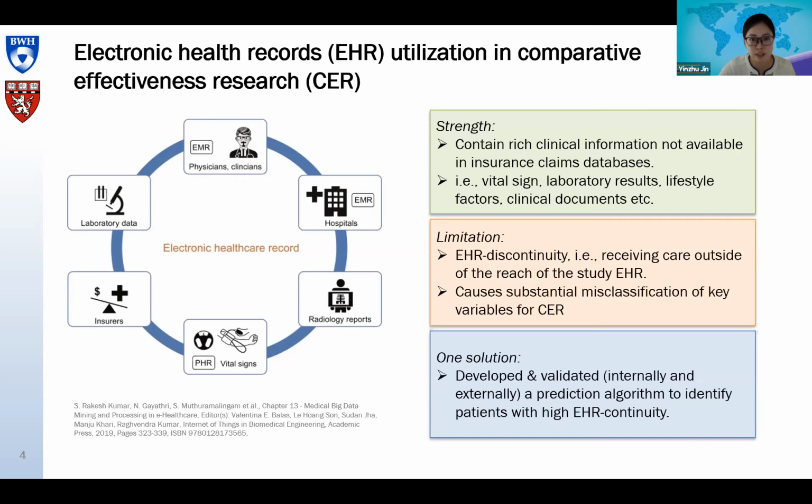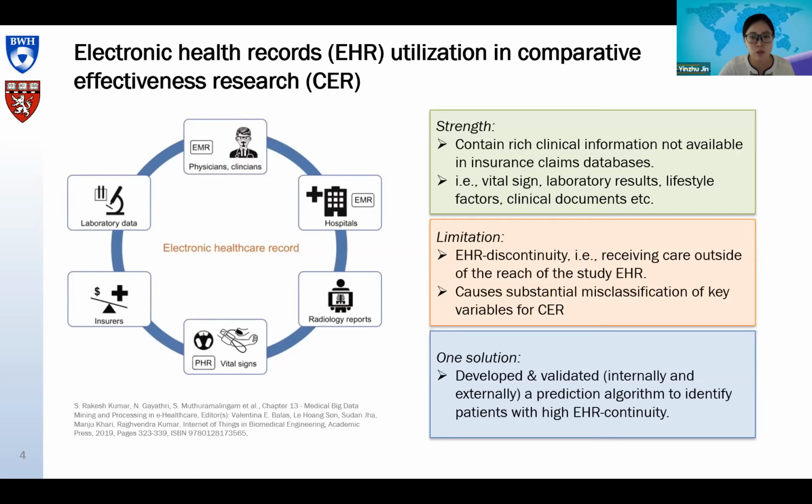We defined EHR discontinuity as receiving care outside of the reach of the study EHR. Since most EHR systems in the US do not capture all medical encounters across all care settings for the patients, using EHR data alone may miss a substantial amount of information about the study population.